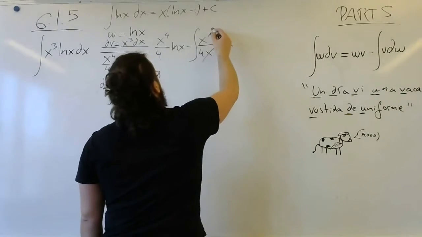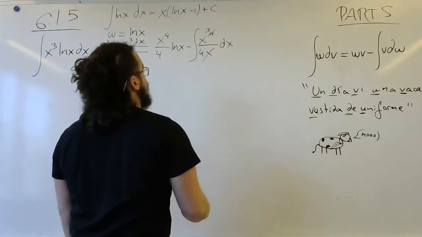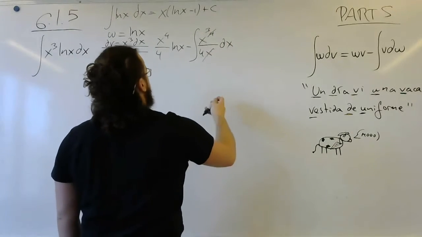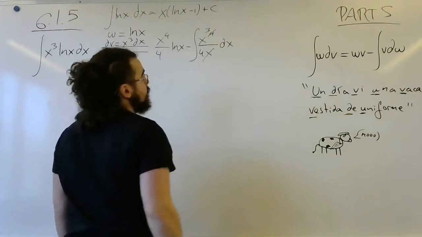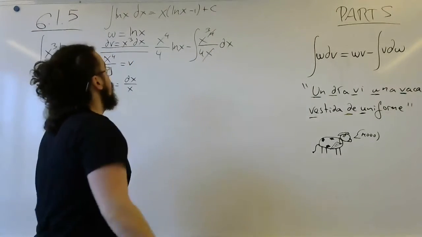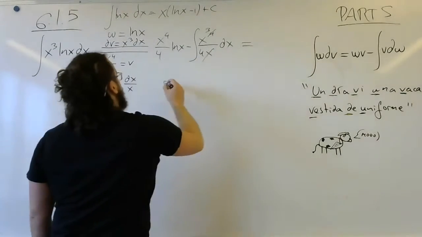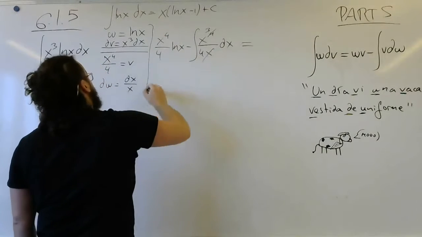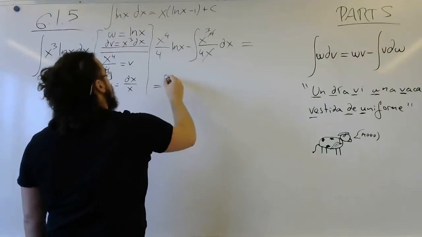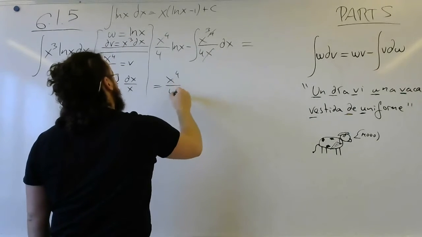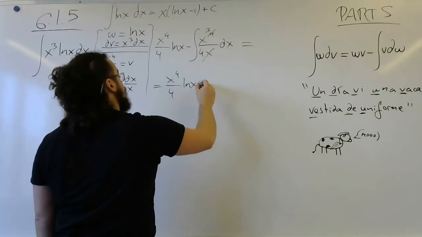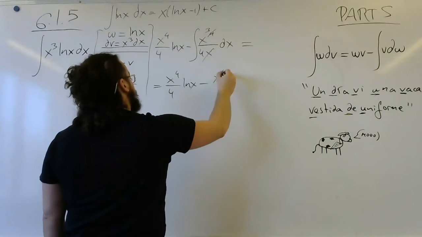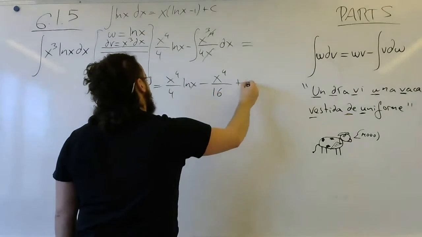This x cancels here, and what we have is a simple integral of x cubed. So this is x to the fourth over 4 logarithm of x minus x to the fourth divided by 16 plus c.